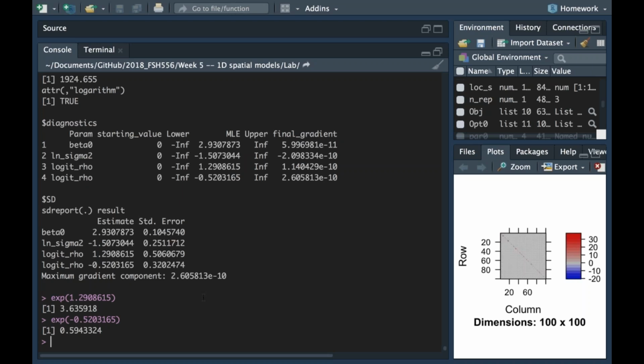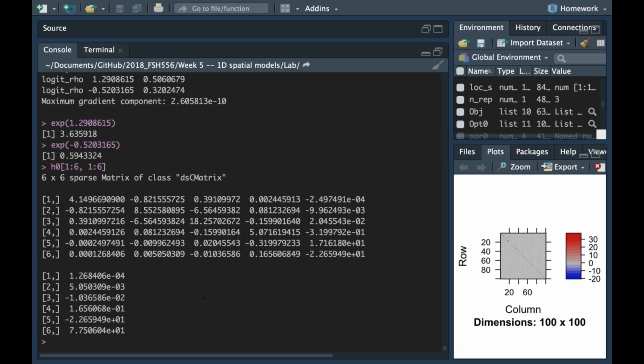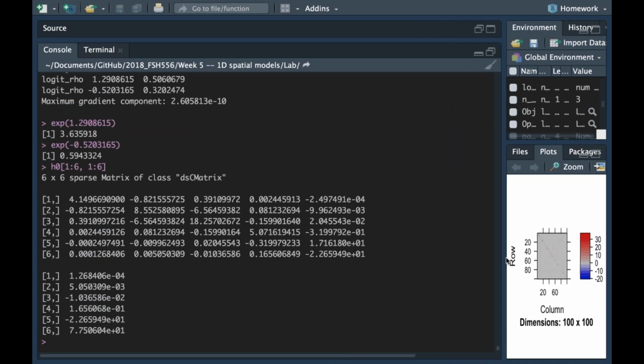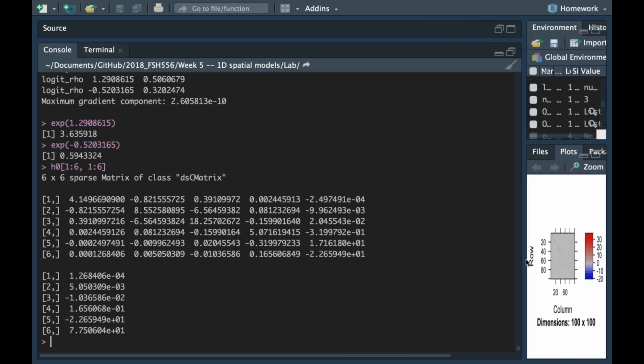Okay, and then can you look at the Hessian again? Can you generate the Hessian? Okay. So in this case, again, the Hessian for the Matern function is everywhere pretty far away from 0.